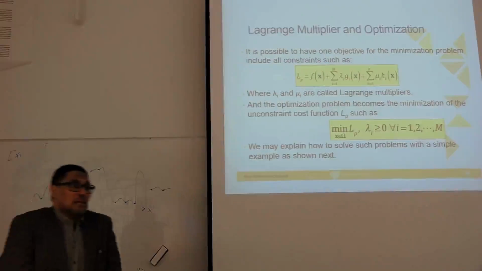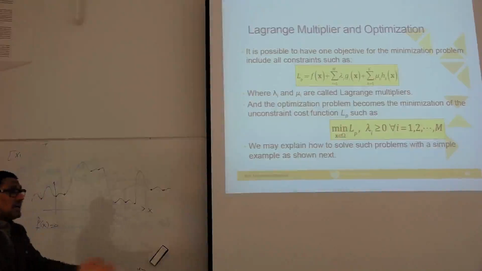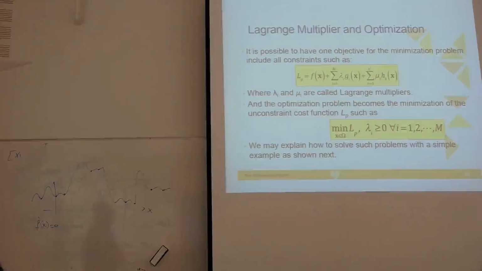Hello again. So we continue with the Lagrange multiplier optimization. As we mentioned in the first part, we can build this unconstrained optimization. It is called the primal version, because every Lagrange multiplier problem might have a dual form and a primal form.